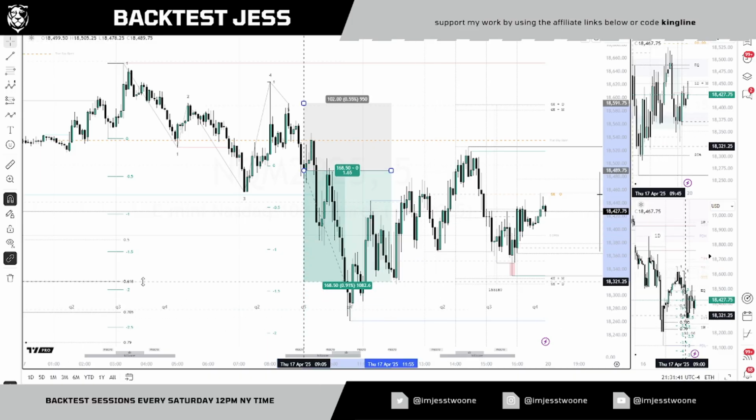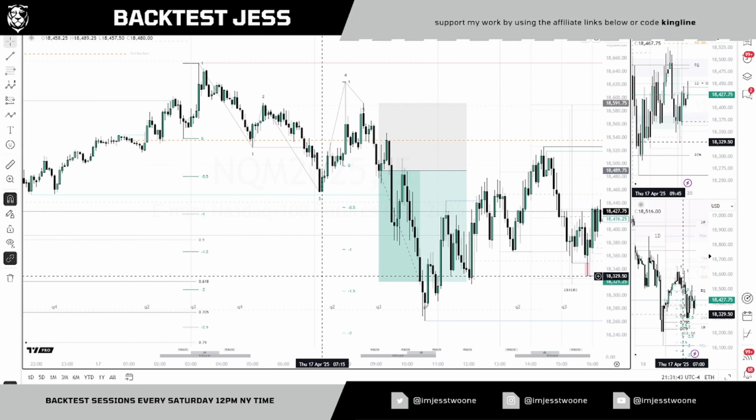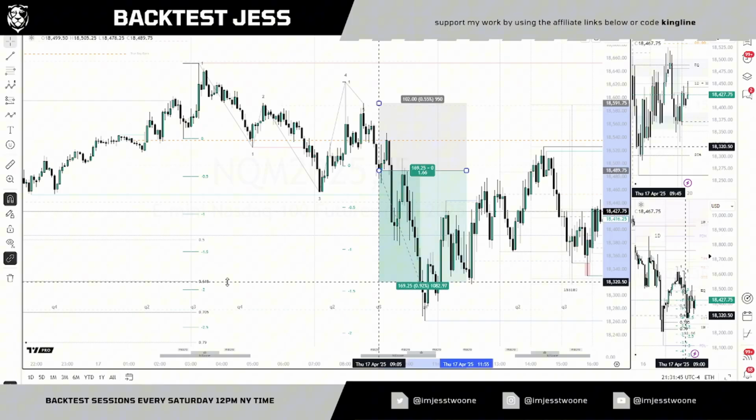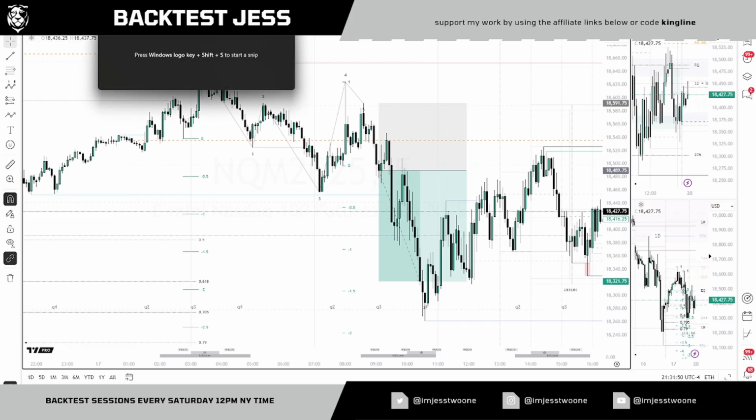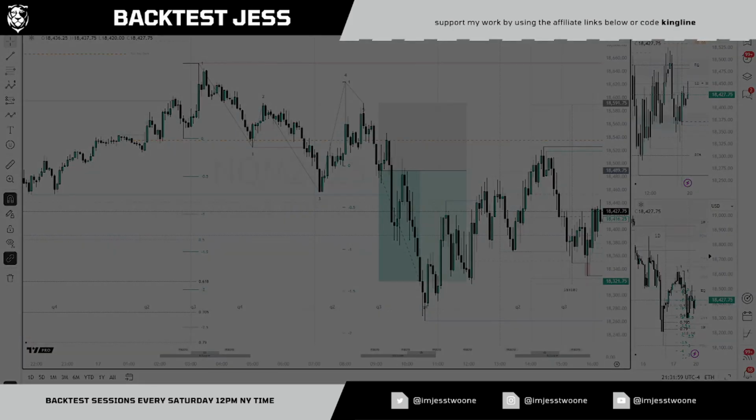And I targeted this here. So just shy of 2R. 1.65R. This is the only receipt that I have because I was naughty today. I did not journal my trade. I didn't take a screenshot at all.